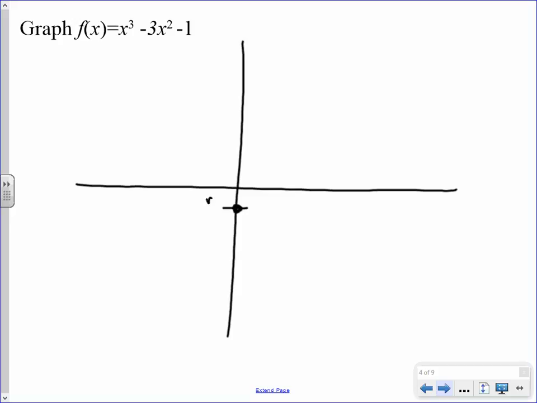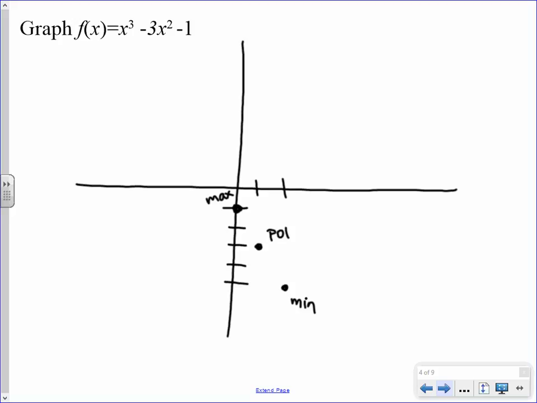So I might just label max just to give me a reminder. You don't have to. Okay. We also had a minimum, right? Where was our minimum? Okay. And our point of inflection was 1, -3. Okay.